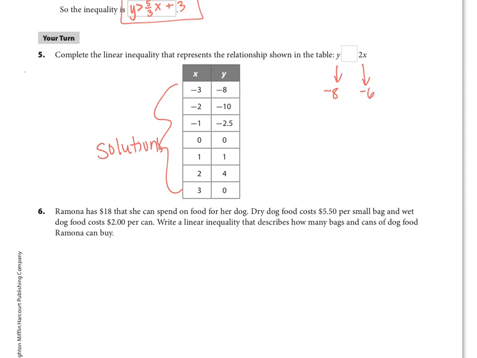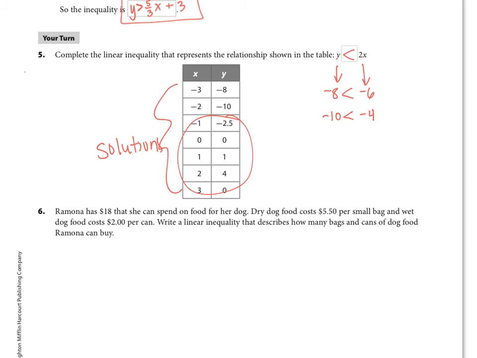Well, -8 is actually smaller than -6, right? If I plug in -10 for y and -2 for x, I get 2 times -2, which is -4, and that one is smaller. So I could test all of them, but it looks like it's going to be this inequality. You know, double check the rest of these if you want to be sure.